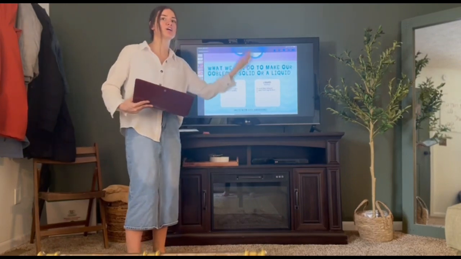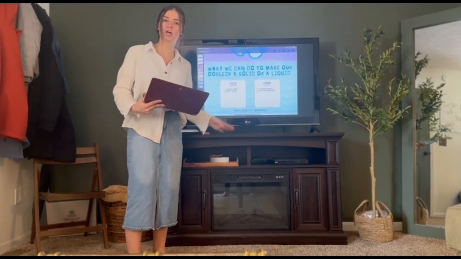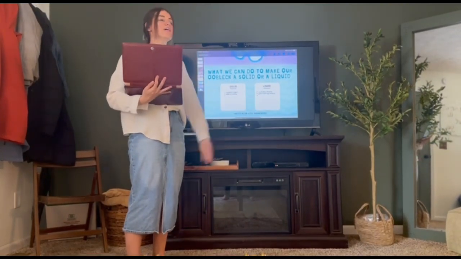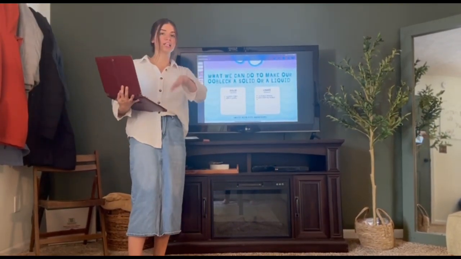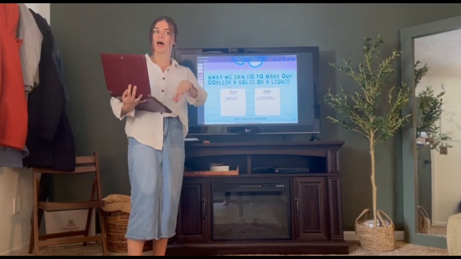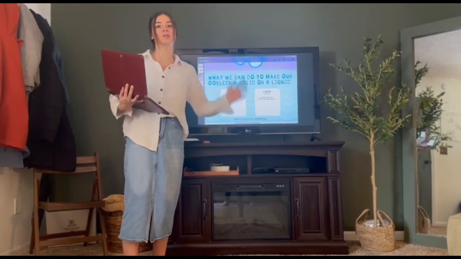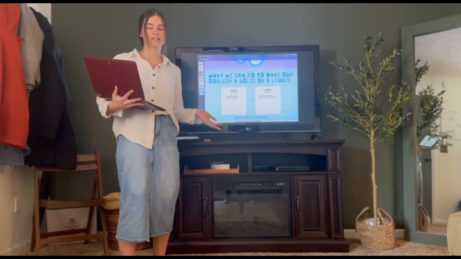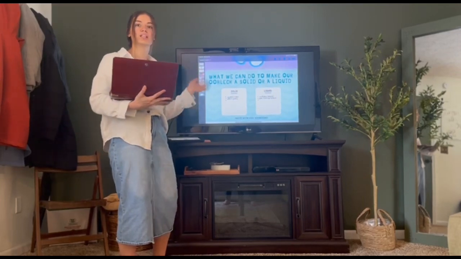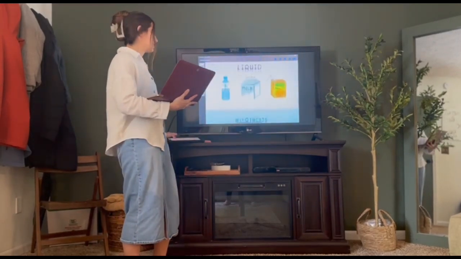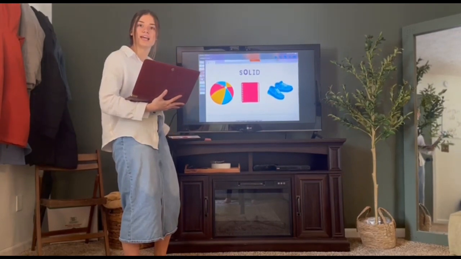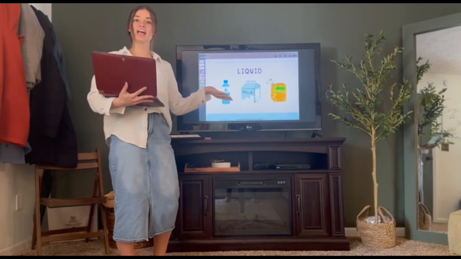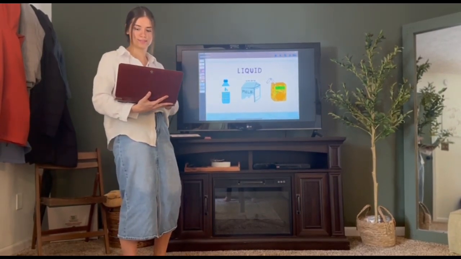Most things are either a solid, and that's just how they are, like a ball or your shoes or a pillow. And then some things can be a liquid, and they are a liquid for the rest of their lives, like water or like milk, juice. They don't change from solid to liquid like oobleck does. So remember, a solid is anything that does not change its shape or size. And then a liquid is anything that does change its shape or size.